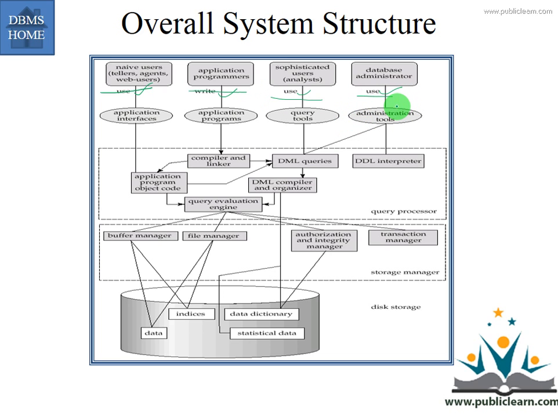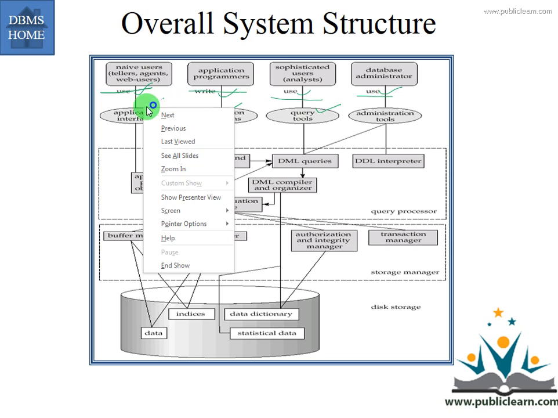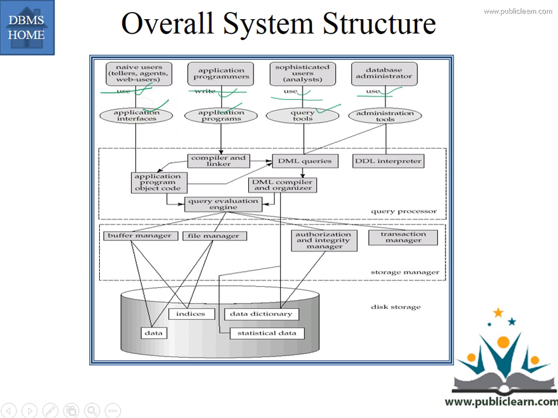They'll use an administration tool, and sophisticated users use query tools. Application programmers write application programs. Naive users use the application interface. Each and everybody will use the disk, the database, the data indices. Okay, this is the overall structure.